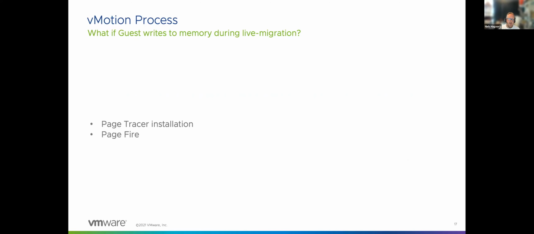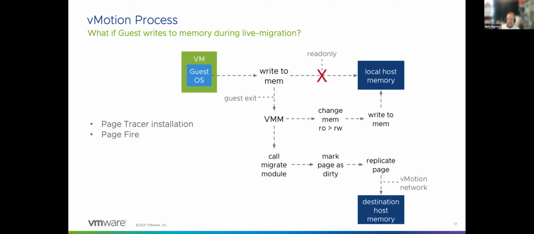So on the back end, what happens? If a virtual machine or a guest OS and the application running inside of it tries to write to memory during a live migration, during a vMotion, the VMM process sets the local host memory to read-only. And we do so to enforce a guest exit, meaning that we can now check what memory pages are being overwritten, basically, right?